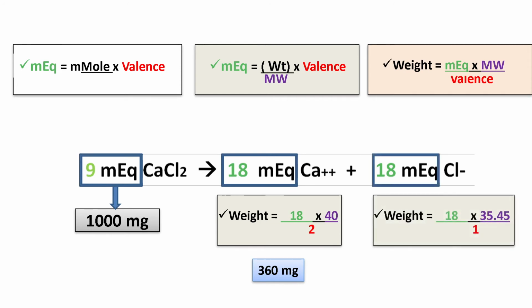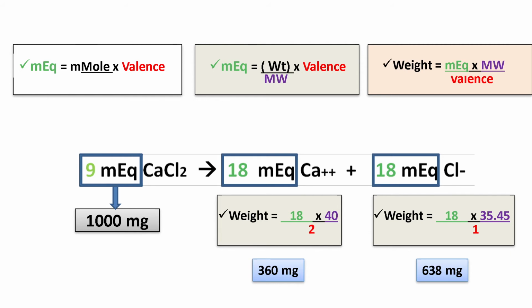Place the formula of weight. We place the milliequivalent value of chloride ion multiplied by the atomic weight, which is 35.45. Since the valency is 1, we write valency 1 in the denominator.